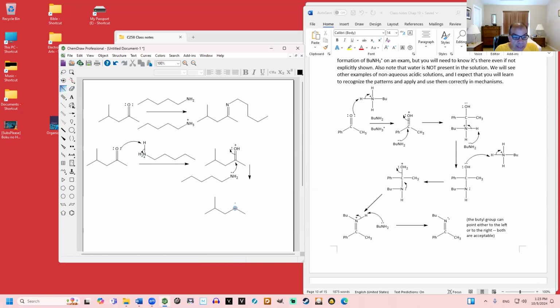But other than that, I want you to notice so far the order of the steps is the same in both these reactions. You had protonation of the carbonyl oxygen, followed by nucleophilic attack of whatever is the most nucleophilic species.